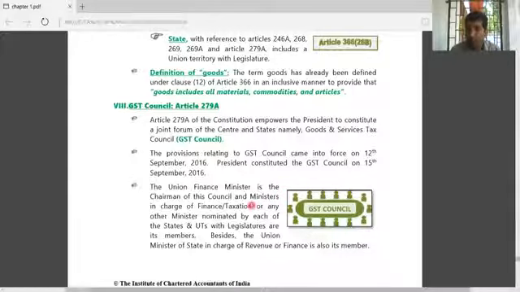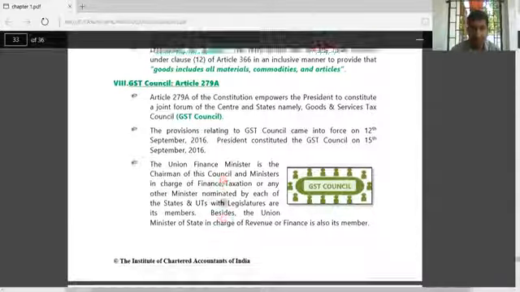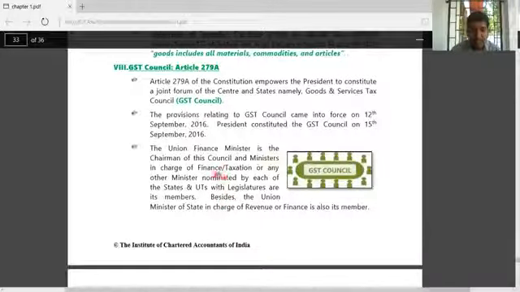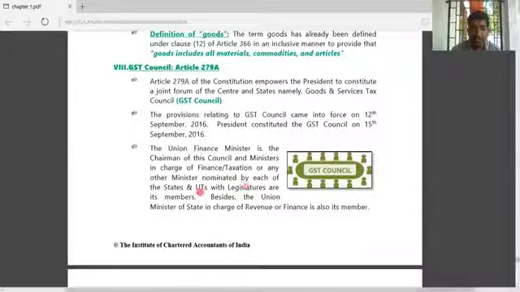Now, who is the head of this council? The Union Finance Minister is the chairman of this council. So the chairman of the GST Council is the Union Finance Minister, Honorable Madam Nirmala Sitharaman. The ministers in charge of finance or taxation, or any other minister nominated by each of the states and union territories with legislature, are its members. Besides, the Union Minister of State in charge of Revenue or Finance is also its member.